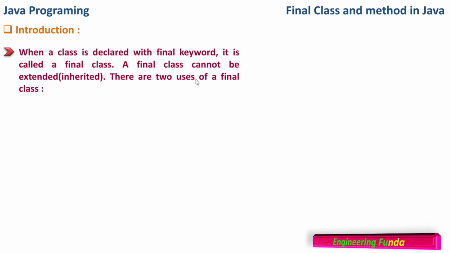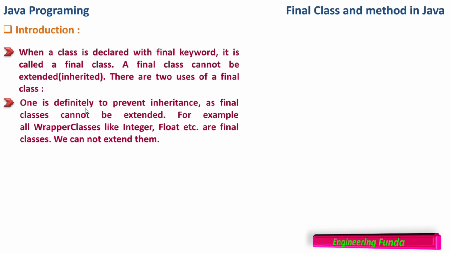There are two uses of final class. One is definitely to prevent inheritance. So if you want that no one can extend my class, then I will declare that class to be a final class, as final classes cannot be extended.